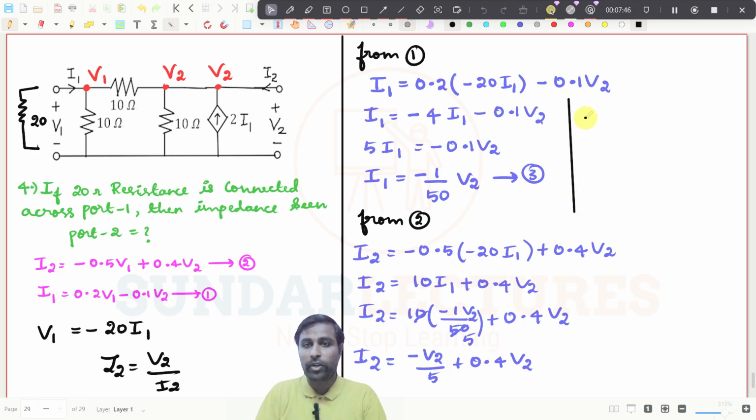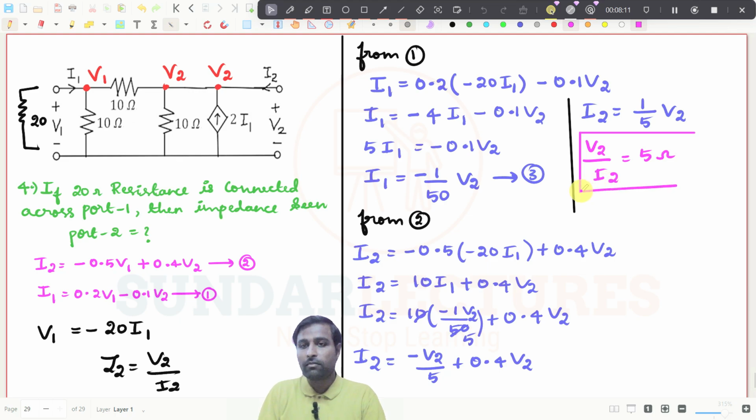If you further simplify this, I2 will be equal to 1 divided by 5 V2, right? Now, V2 divided by I2 can be written as 5. You just bring this one here, 1 by 5. So this is now the value of V2 by I2.